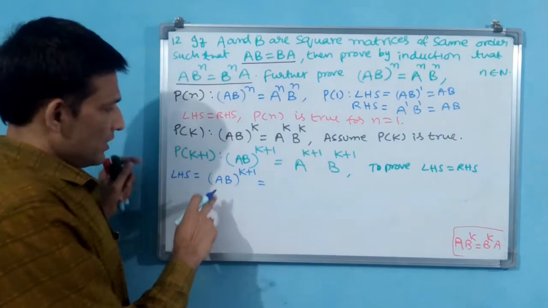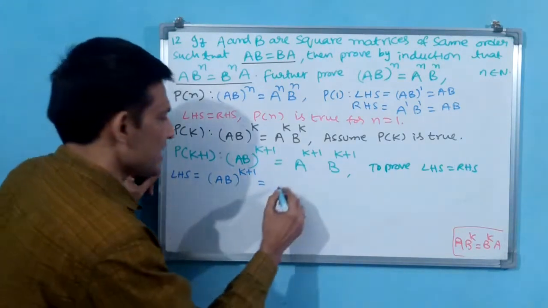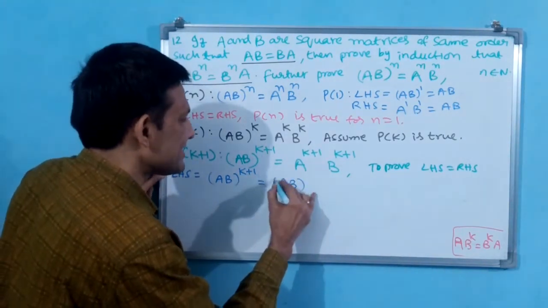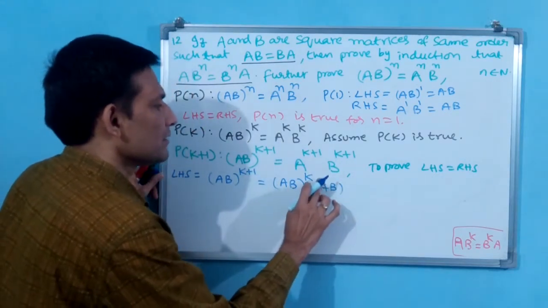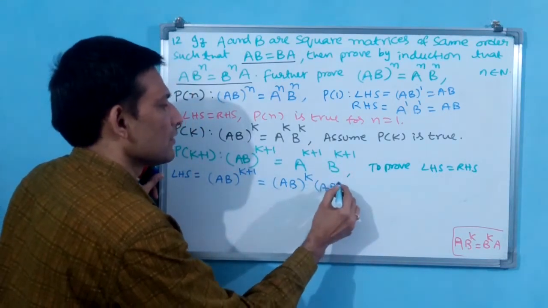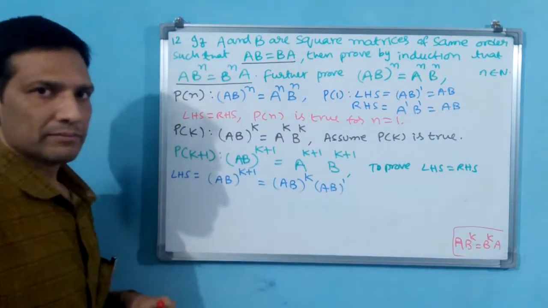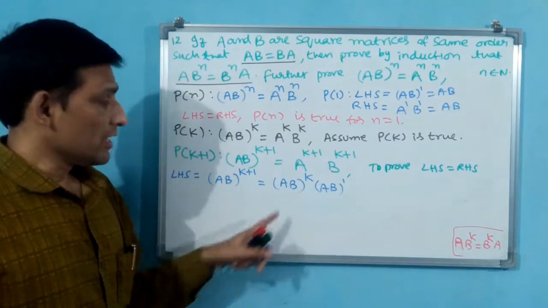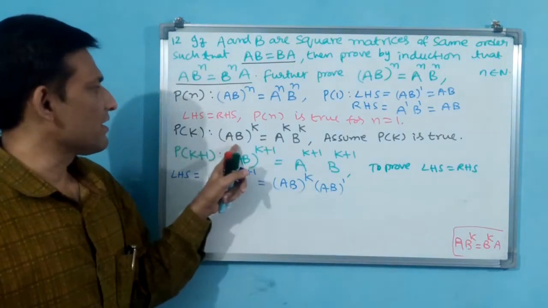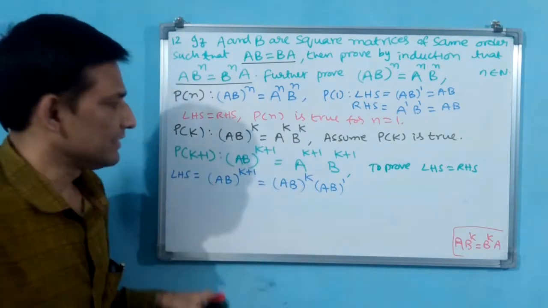Okay, let us do. AB whole power k plus 1, we can split as AB whole power k into AB. Is it okay? AB means AB power 1, so k plus 1, bases are same. Okay. Why AB whole power k we are having, P of k? This value you can take.